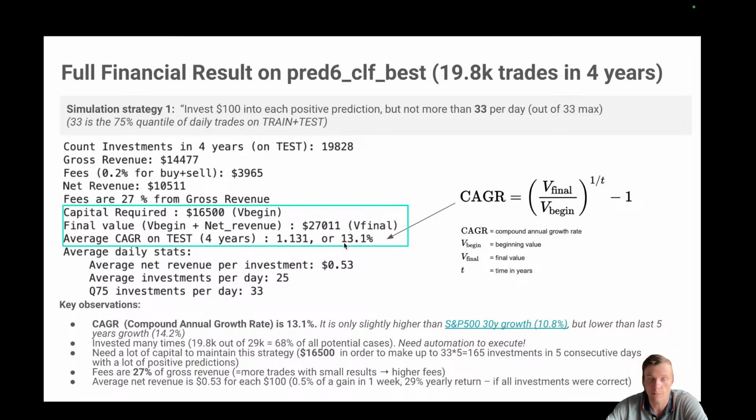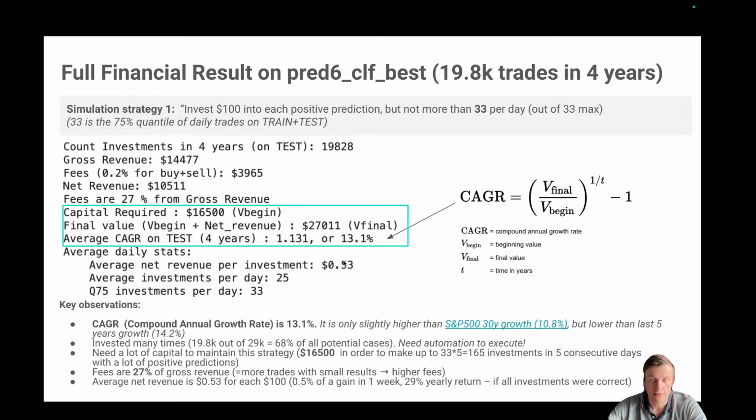And this metric can be quite different from what you have in the precision metric or accuracy metric or any other modeling metrics. So we need to have simulations, we need to define the strategy that we are doing, and for this strategy we can also get an approximate profitability.